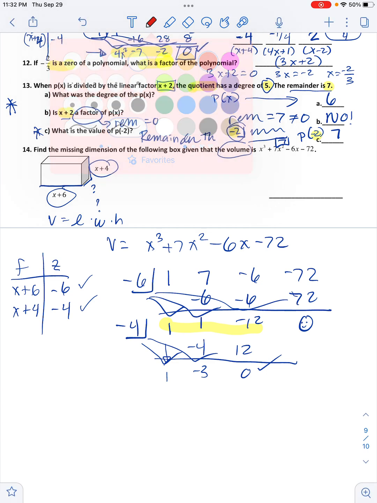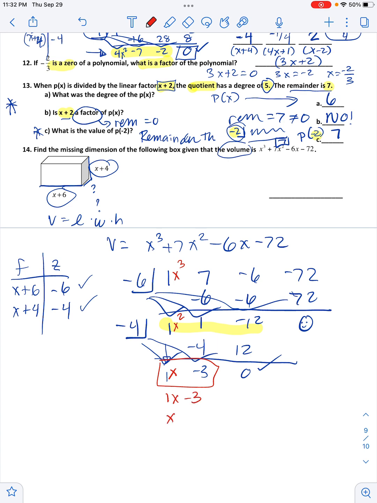Keeping in mind, for the billionth time, this goes down by a power of 1 each time. This bottom row that I have right now is actually just 1x minus 3, which at this level of math, we just call x minus 3. That gave me a remainder of 0 because x minus 3 goes into it evenly, meaning that the 0 that goes with that would be a 3.